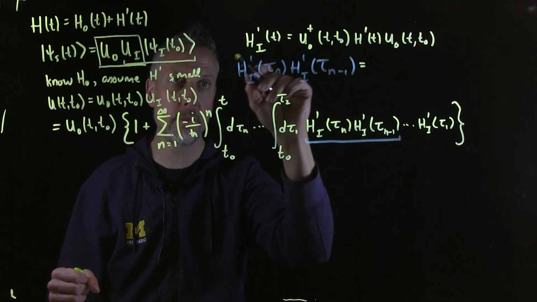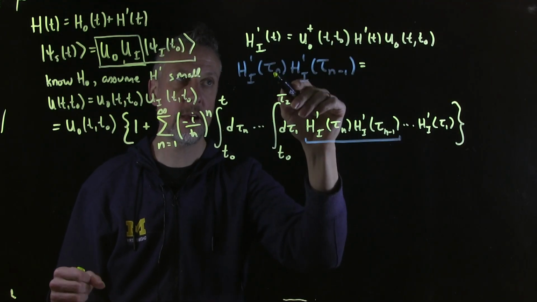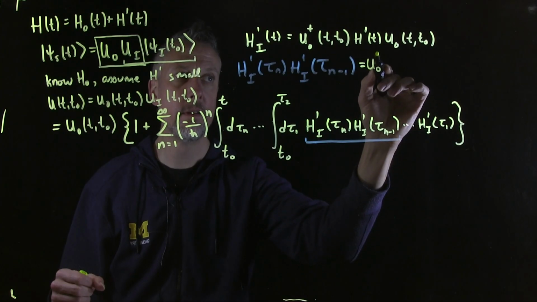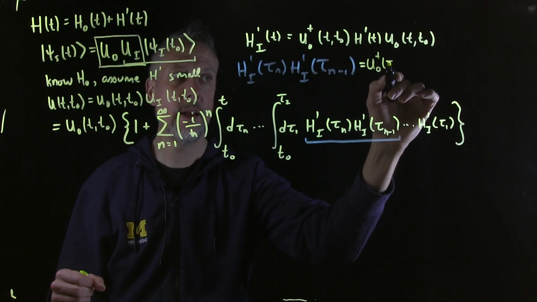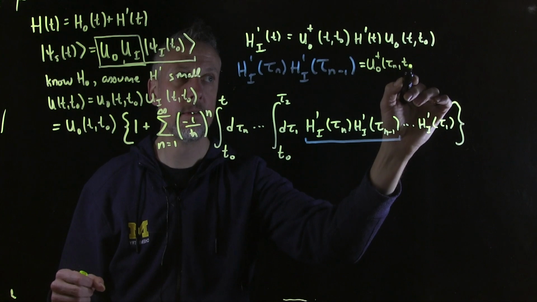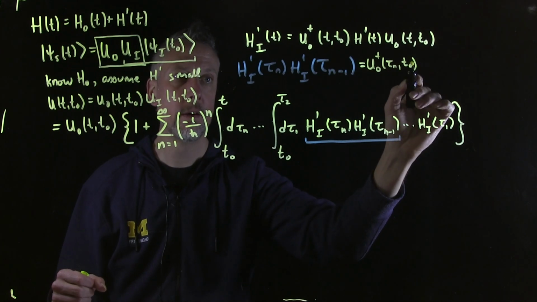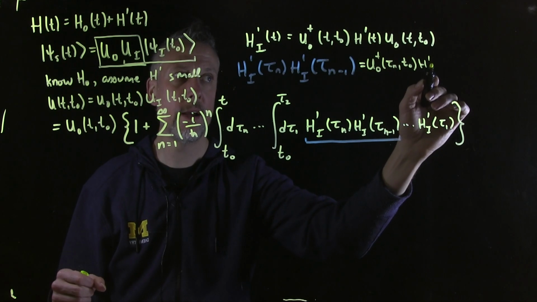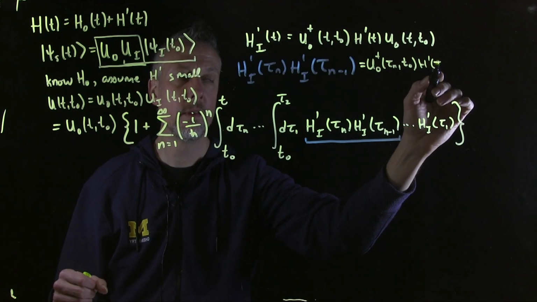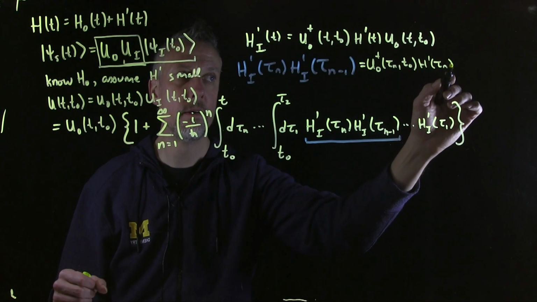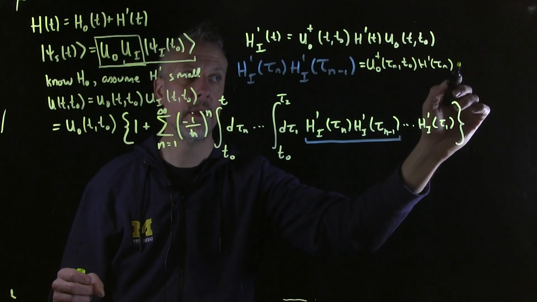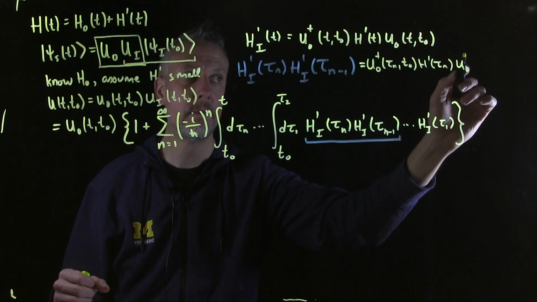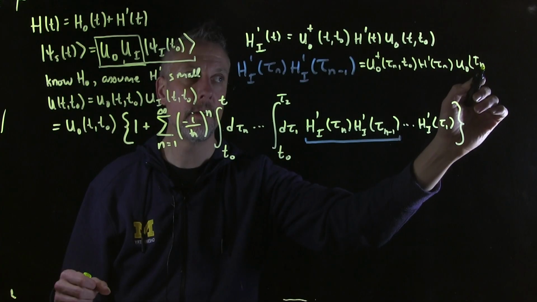So for the first term, h primed I of tau n, it's going to be U naught dagger of tau n, t naught, then h primed of tau n, and then U naught of tau n, t naught.